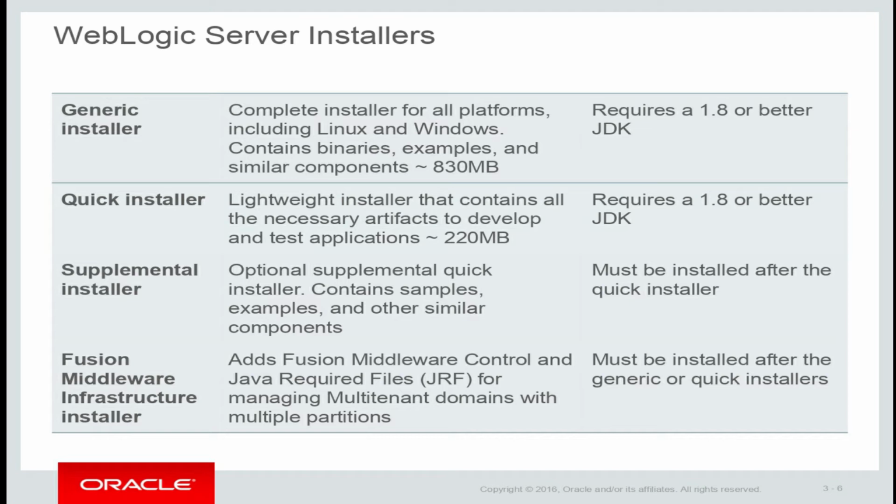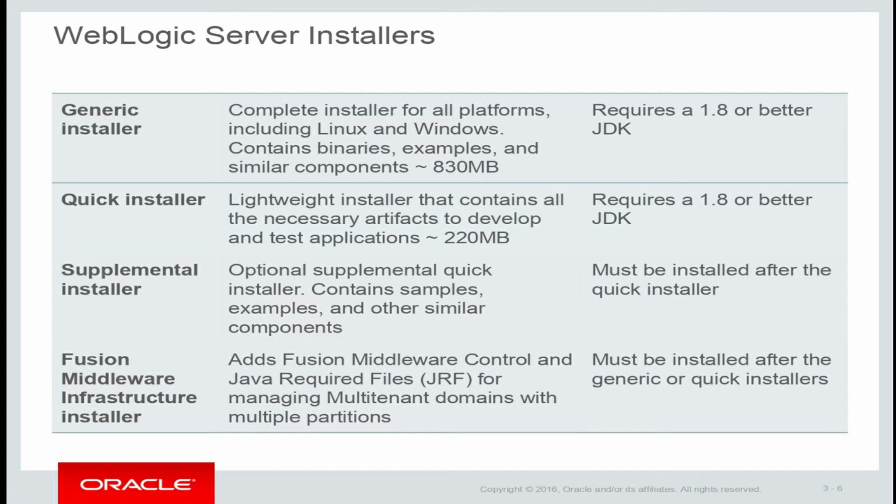Here is the generic installer. It is the quickest installer. It can be run on any kind of operating system, including Linux and Windows, and contains binaries, examples, everything. If you want to use it for test and dev, this generic installer is for you. It can be installed easily.